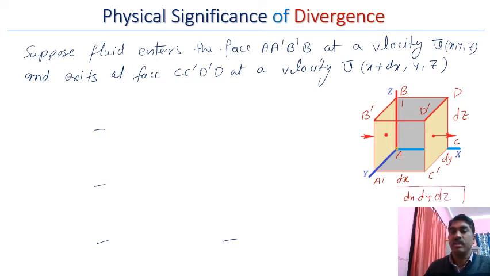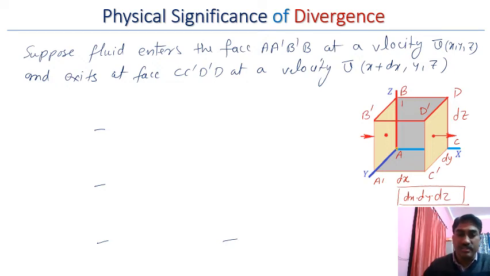This will clear you what is dx, dy and dz. So because fluid entering at the A dash B B dash phase has a velocity v depending on x, y, z, and it has traveled a distance dx, there must be a change in that particular distance.